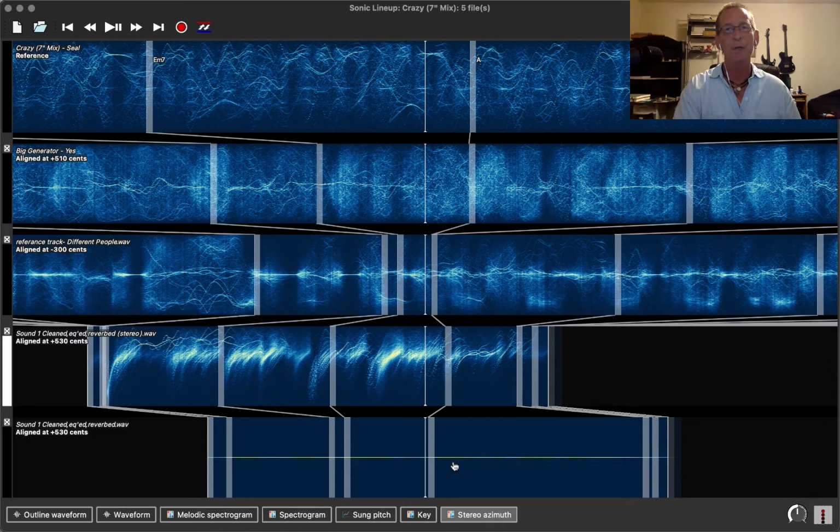But in the stereo field, it doesn't register that way. There is no stereo field at all. It is dead center. There is no perceived stereo field or anything happening in the stereo field. It's trying to make it sound completely centered.